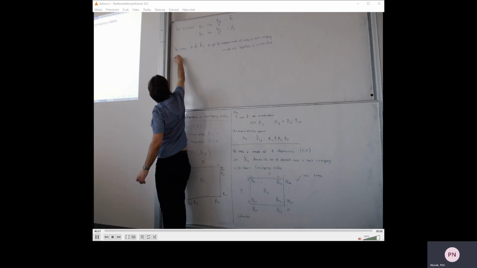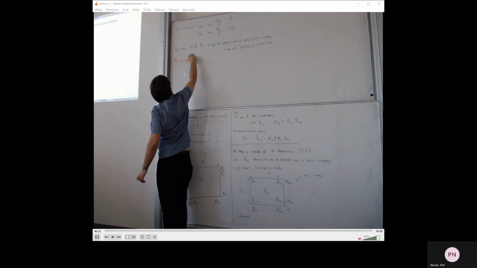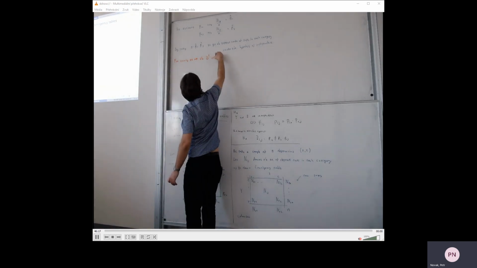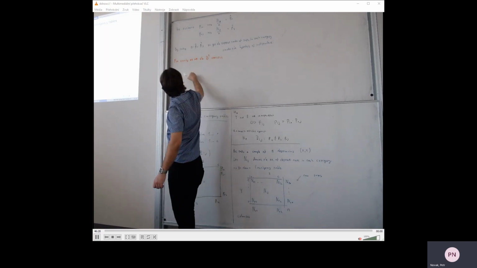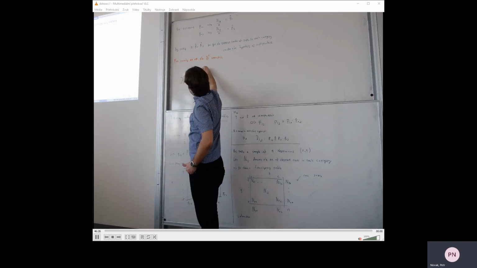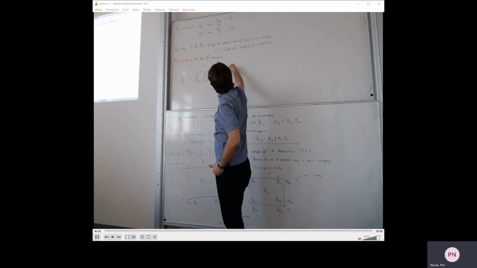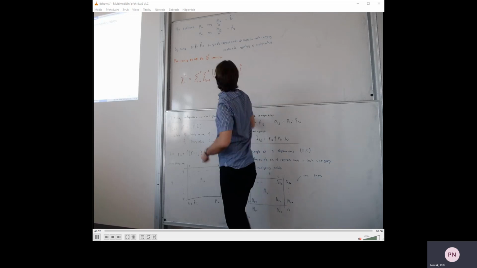And for testing, we use the chi-square statistic, which is just the sum over all rows, sum over all columns, (n_ij minus n times p̂_i• p̂_•j) squared over n times p̂_i• times p̂_•j.